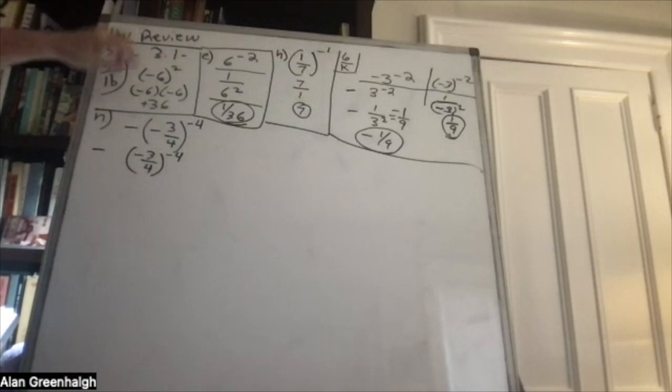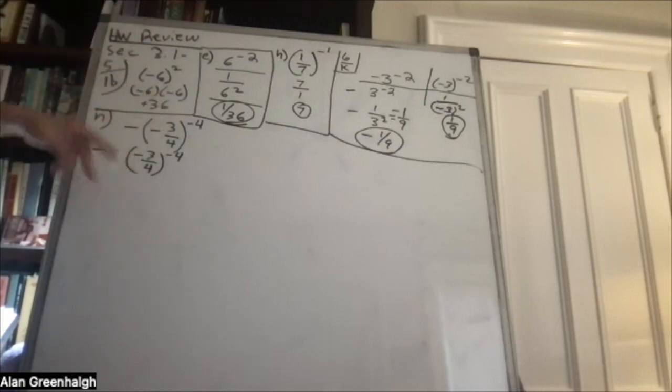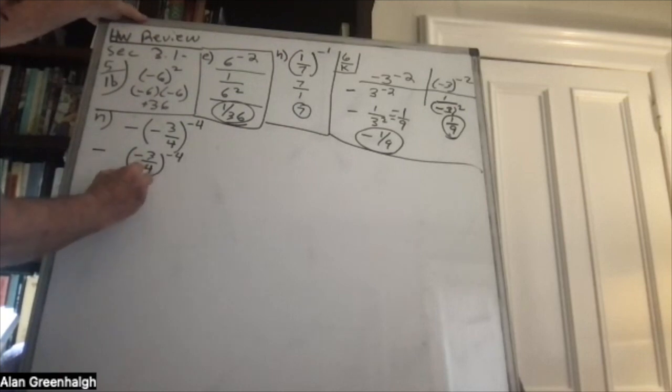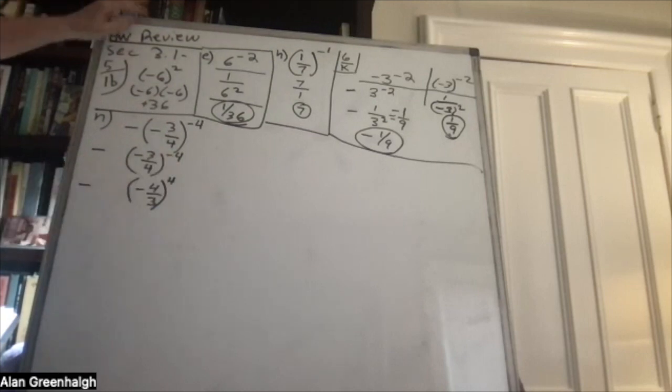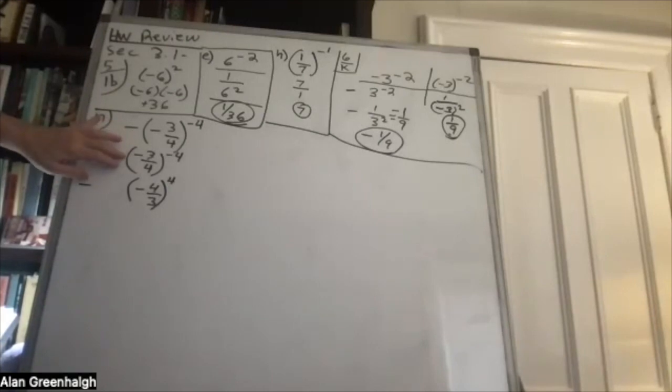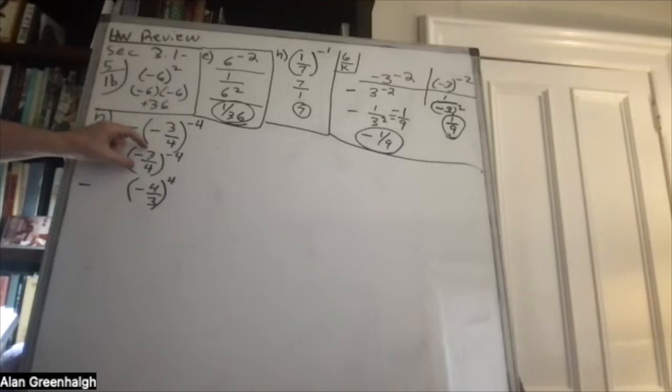Now, again, the negative means take this fraction and flip it over, and then make the exponent the 4. So this with the negative means simply flip it over. Flip the 3/4, make it 4/3.